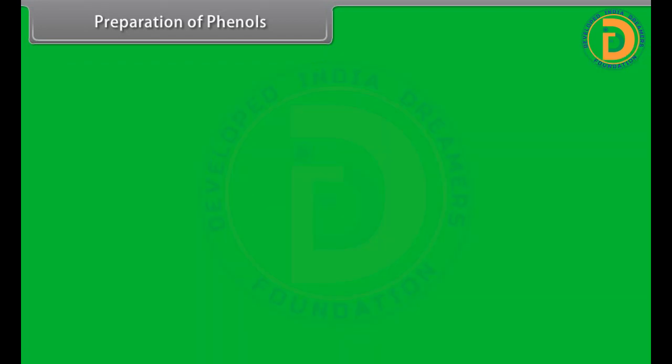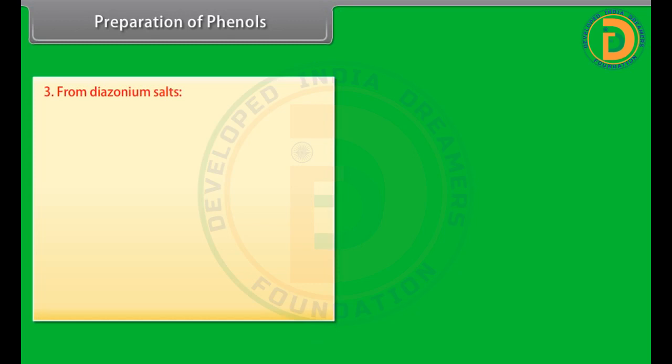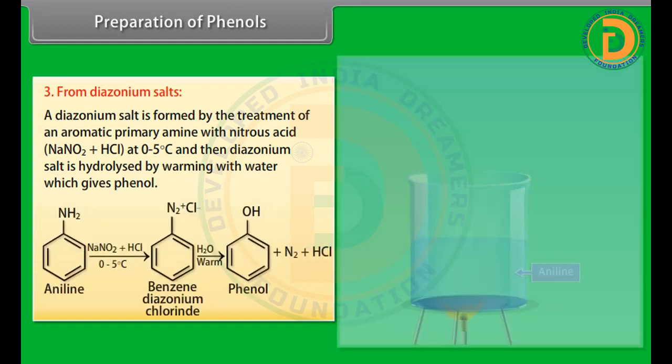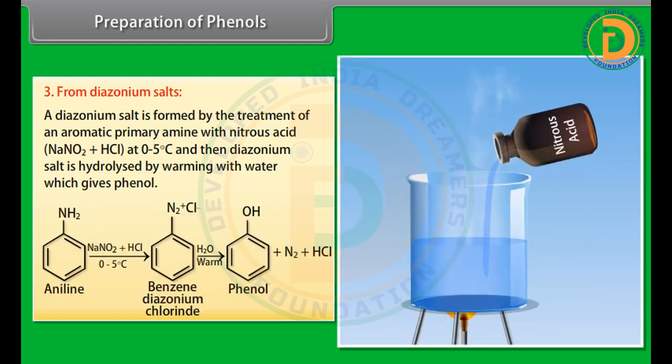Preparation of phenol. From diazonium salts. A diazonium salt is formed by the treatment of an aromatic primary amine with nitrous acid at 0 to 5 degrees Celsius, and then the diazonium salt is hydrolyzed by warming with water, which gives phenol. Aniline is treated with nitrous acid at 0 to 5 degrees Celsius.